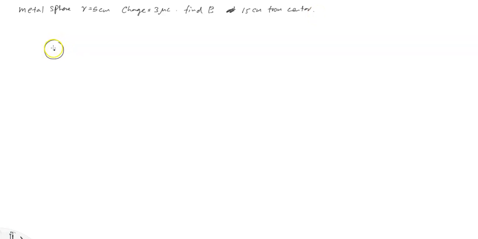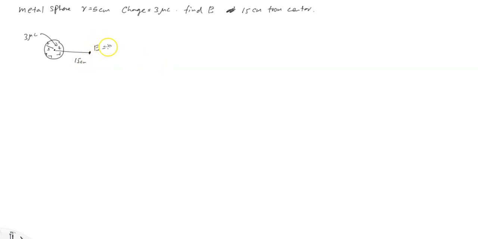Now this radius is 5 centimeters. This is a solid metal sphere, and we put a charge of 3 microcoulombs into it. And I want to find the electric field somewhere over here, 15 centimeters from the center, right?